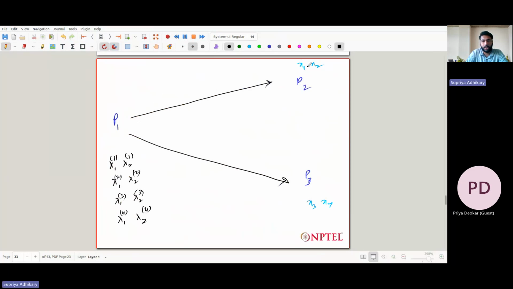And since P2 has X1 and X2, both lambda 1 and lambda 2 corresponding to X1 and X2 are sent to P2. Lambda 1, and only lambda 1s, are to be sent to P2 corresponding to X3 and X4.